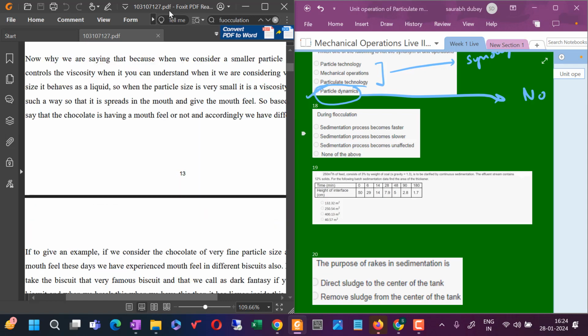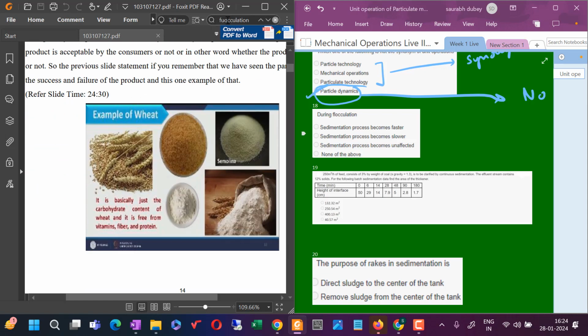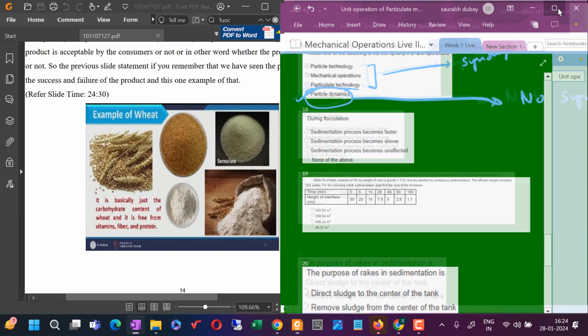Flocculation is the operation where you are combining two small particles.